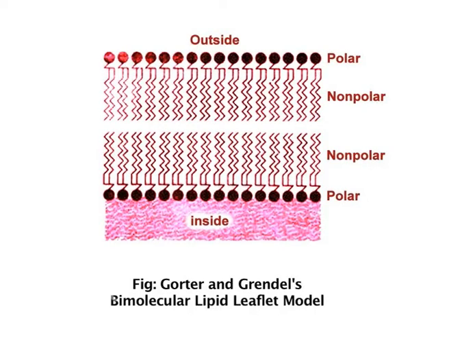Gorter and Grendel in 1925 proposed that the cell membrane was formed by a bimolecular lipid sheet. The polar ends of the lipid molecules of one layer were directed outward from the cell towards the surrounding plasma, while the polar ends of the lipid molecules forming the other layer were directed inward towards the cell hemoglobin.